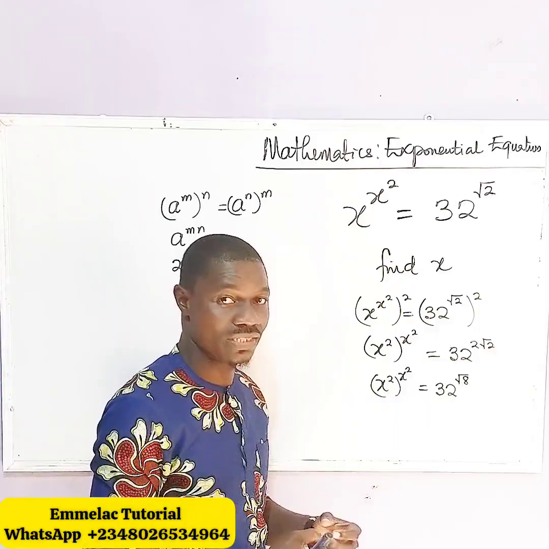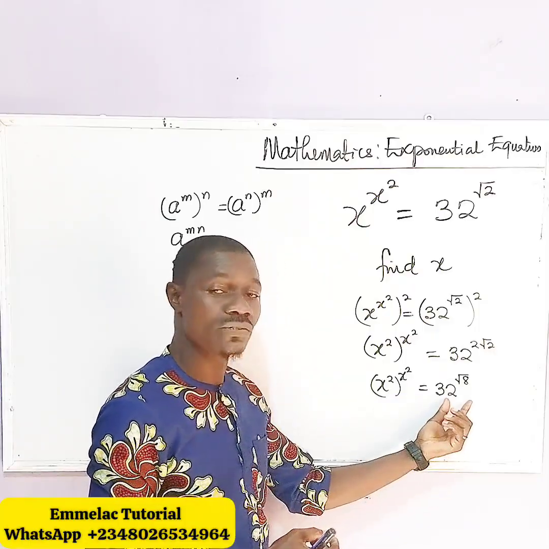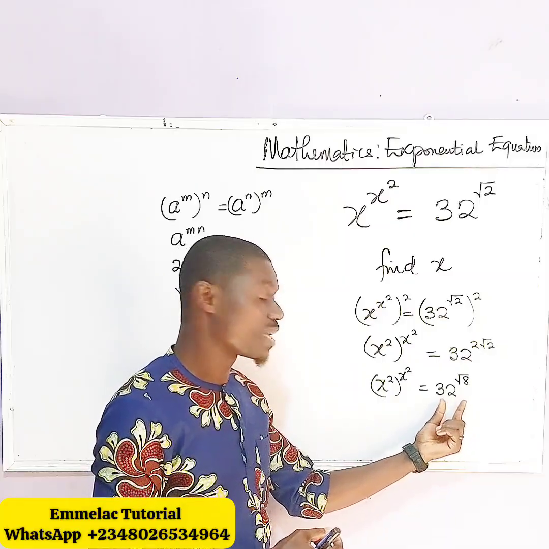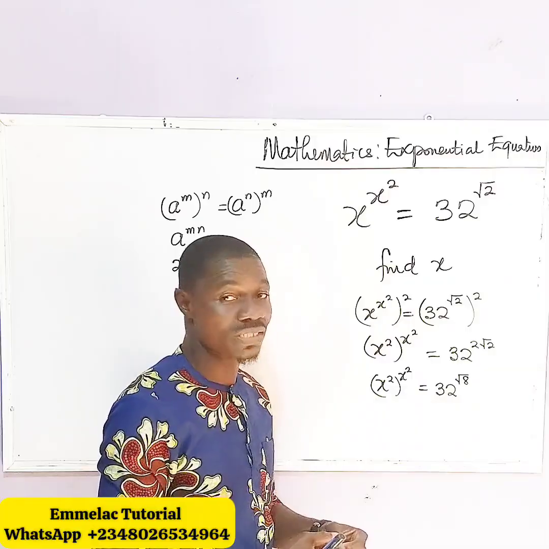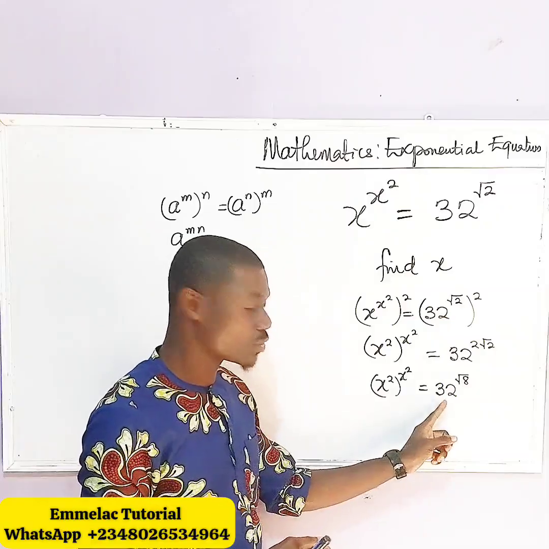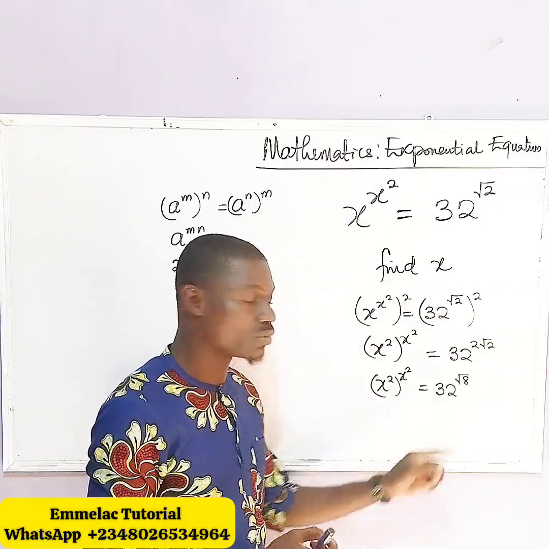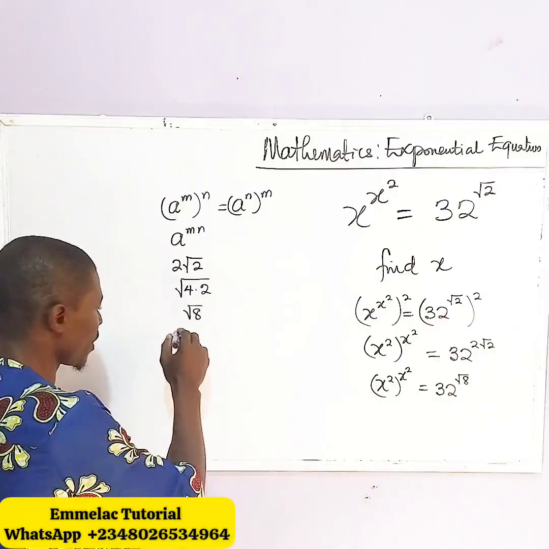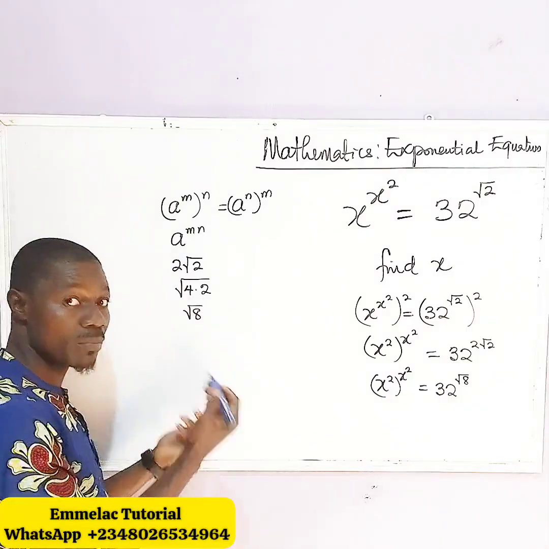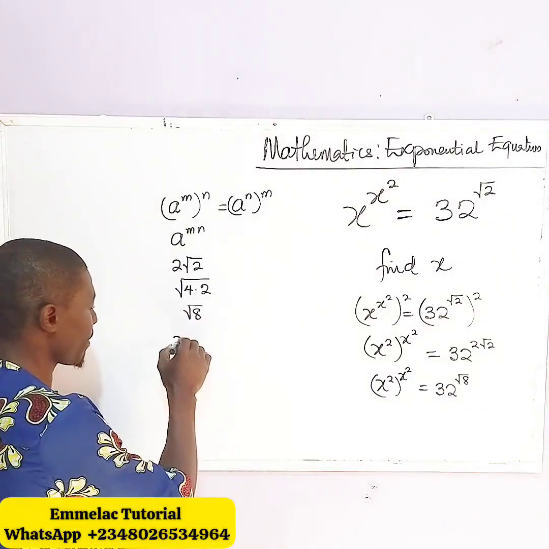Now if you look at the left hand side, you see that the base and the exponent are the same. So I want to work on the right hand side to see if I can make both the base and the exponent the same. For me to do that, let's look at this base, the 32. If we have a variable or a number, let me represent it as x.